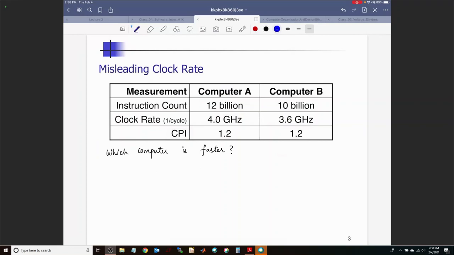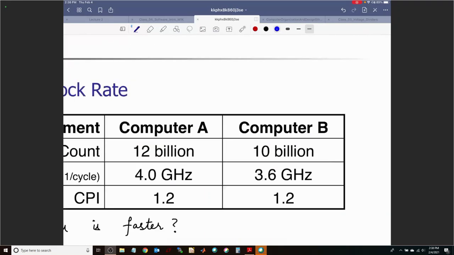So what I'm going to do here at the top of the slide is rewrite my CPU time formula, the classic equation that we talked about for CPU time, which was the product of three things: instruction count multiplied by cycles per instruction multiplied by cycle time. Those three things multiplied give you your CPU execution time.